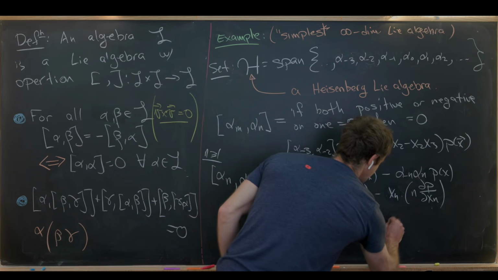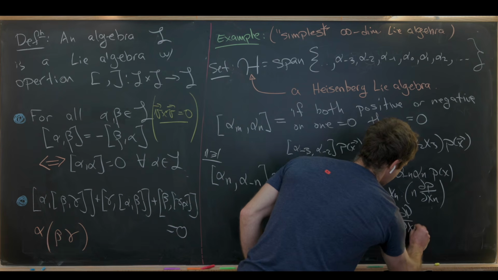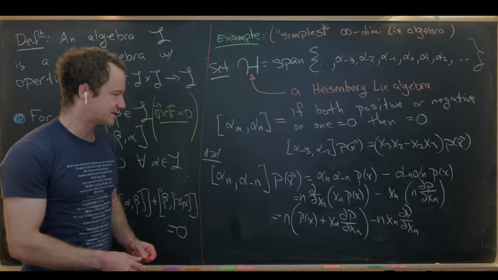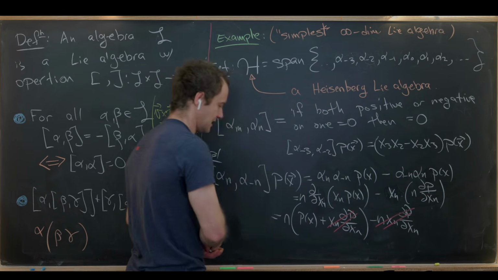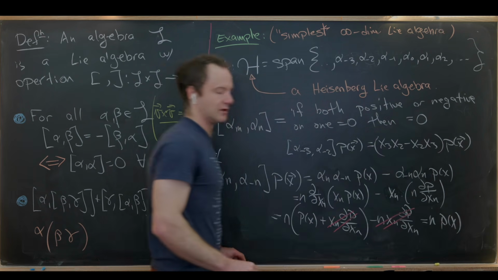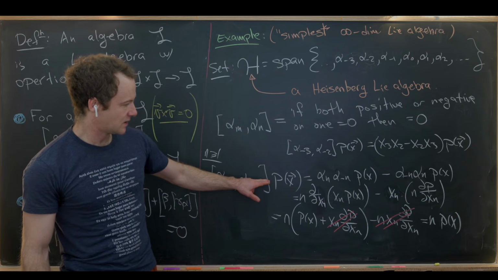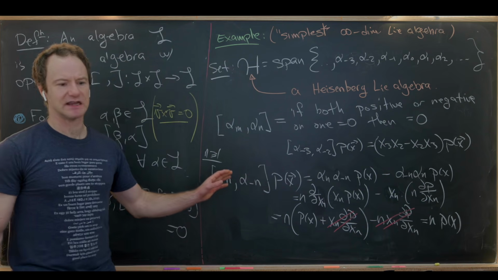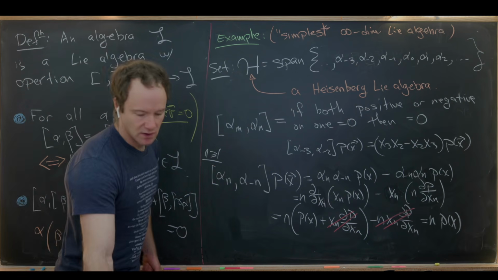So this is minus n xn partial p with respect to xn. But some stuff cancels, and we get n times the original polynomial, which we can view as n times the identity linear transformation, right? Because it didn't change the polynomial.